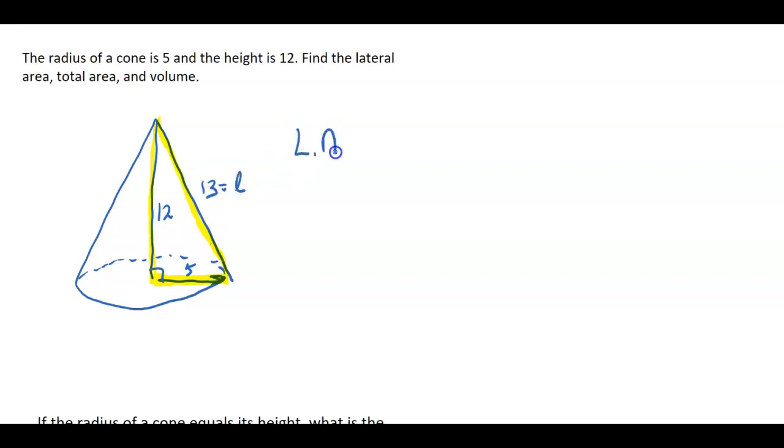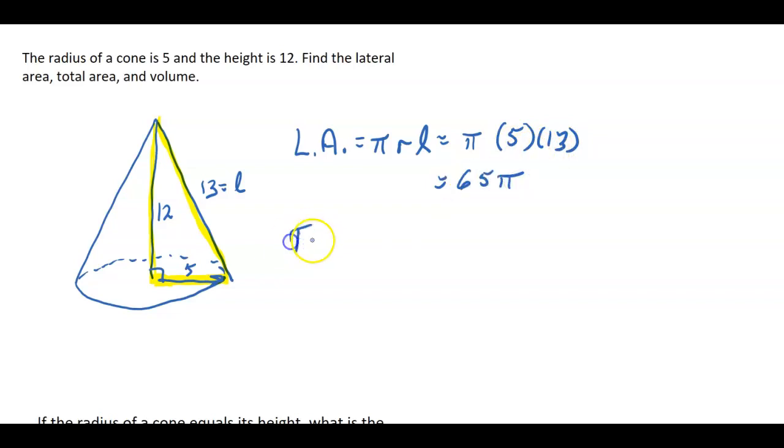So the lateral area is pi r L, which is pi times 5 times 13. And that's going to be 65 pi. Okay, total area. Total area will be the lateral area plus the area of the base, pi times 5 squared. The base is just a circle.